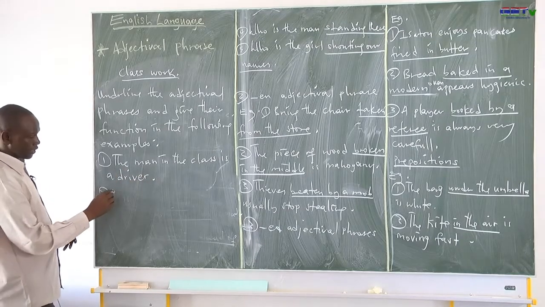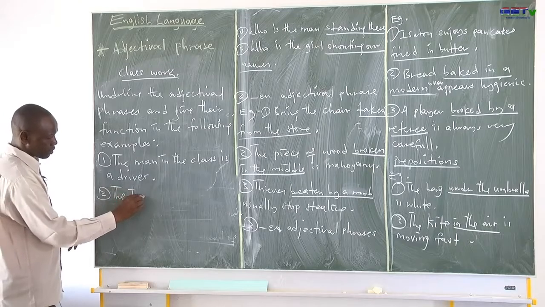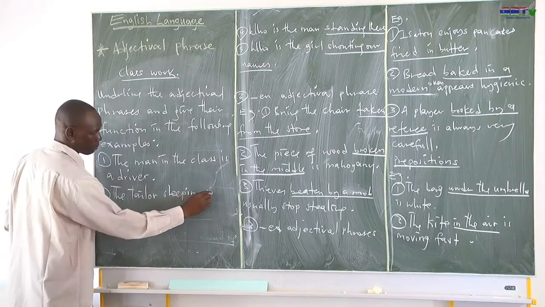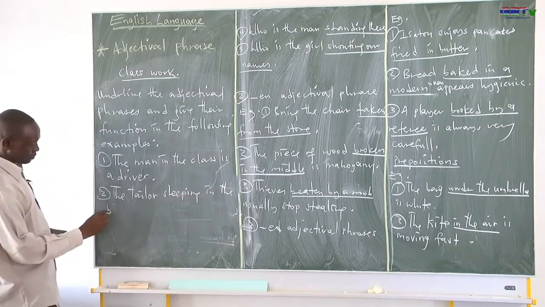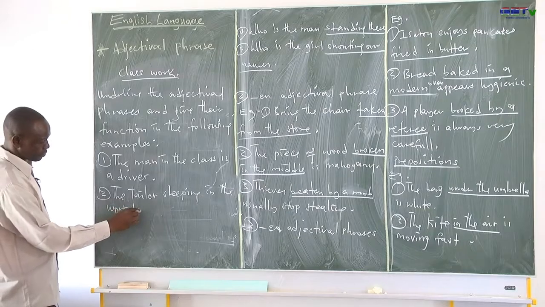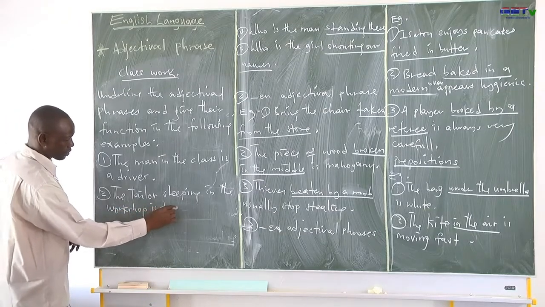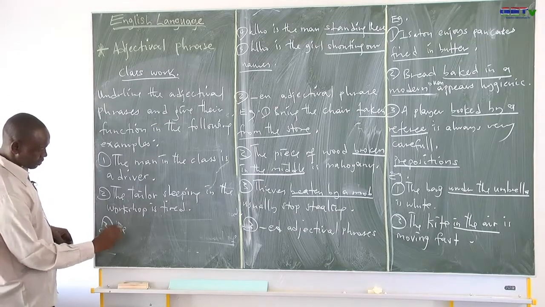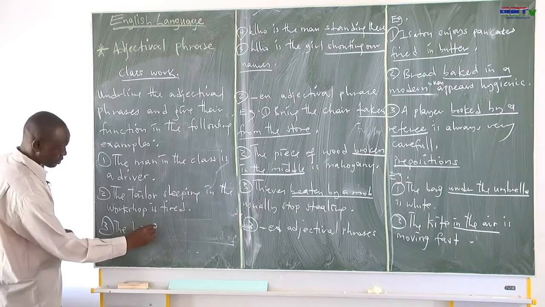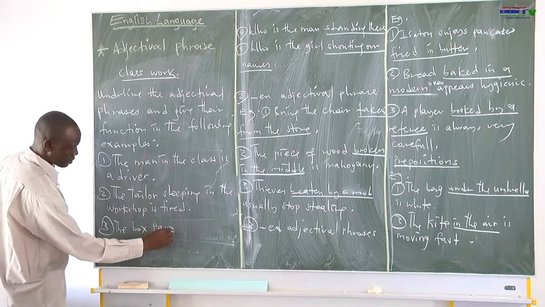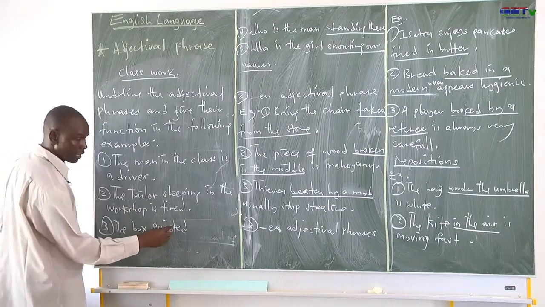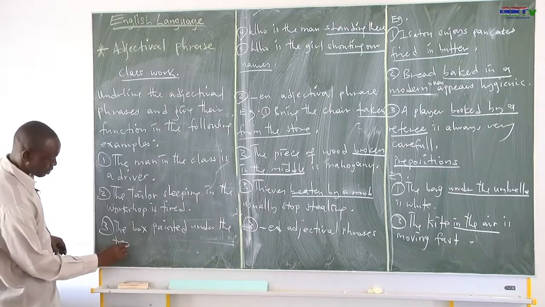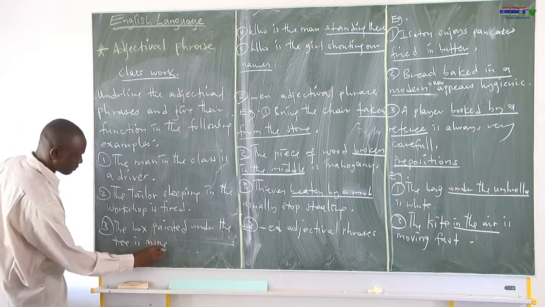Number 2: the tailor sleeping in the workshop is tired. Number 3: the box painted under the tree is mine.